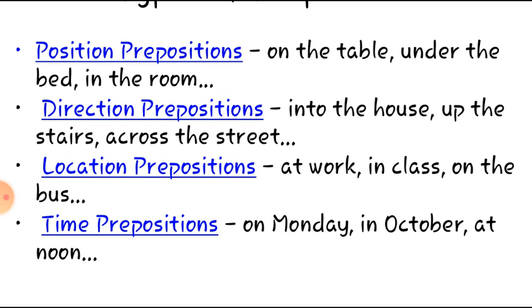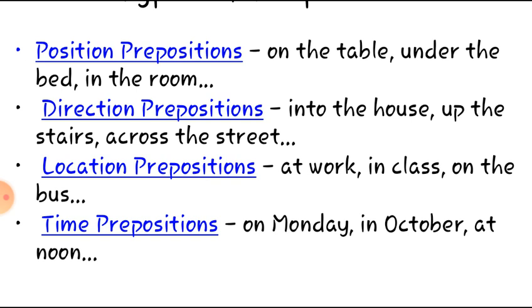Again, listen carefully. The first type of preposition is position preposition, and examples of position prepositions are on, under, in, etc. On the screen you can see: on the table, under the bed, in the room.